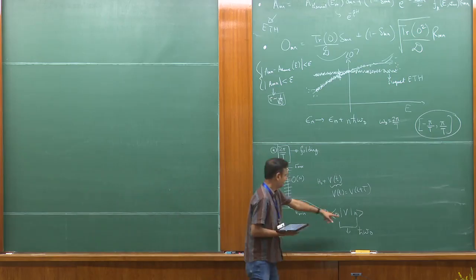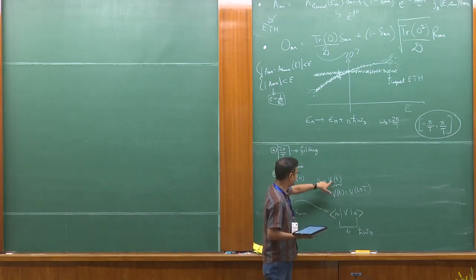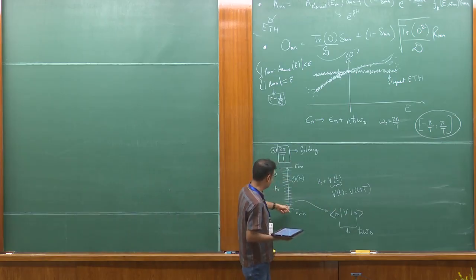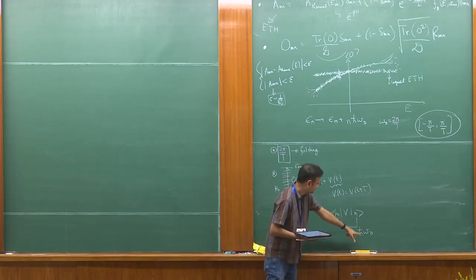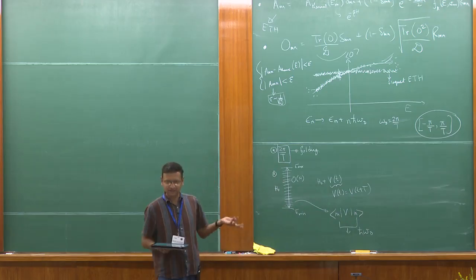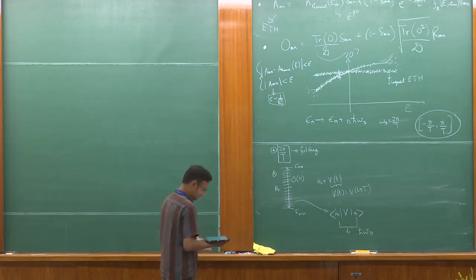Because if this has a certain periodicity, there is a natural frequency here, and then you can couple states which have energies separated by any integer multiple of this amount, and then those states will hybridize with each other, right? That's exactly what is going to happen.